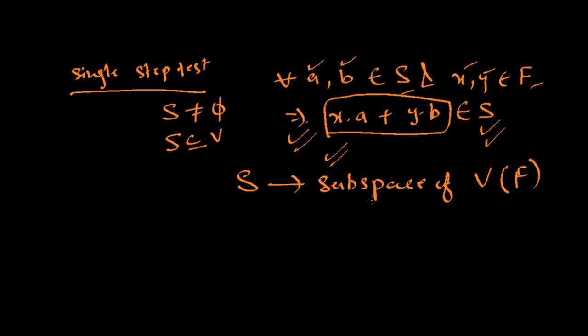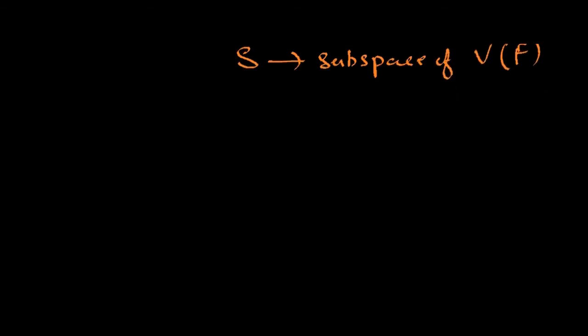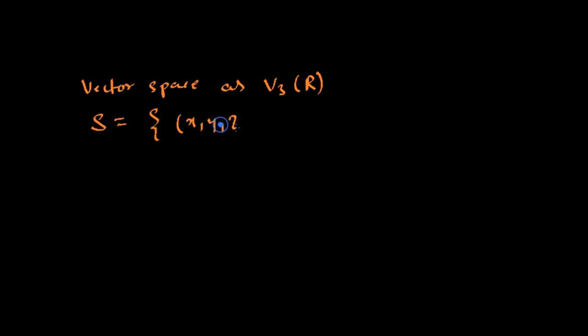In our case, we have the vector space V3, our field is the real numbers, and we have the set S as (X, Y, Z), where X, Y, Z are rational numbers.